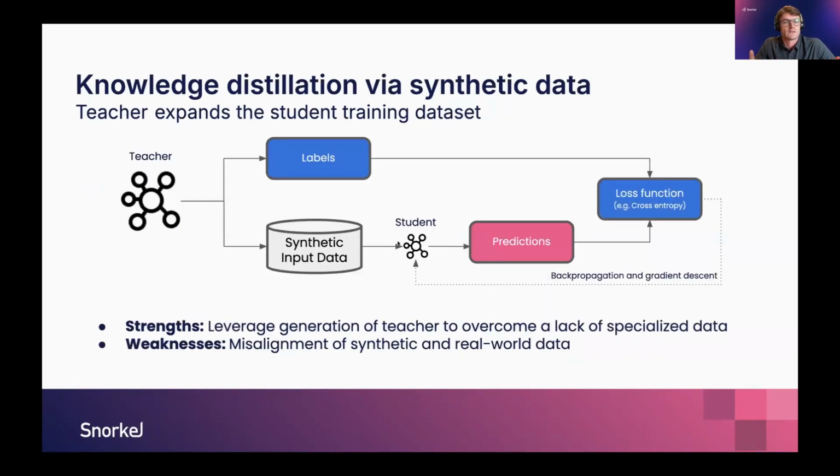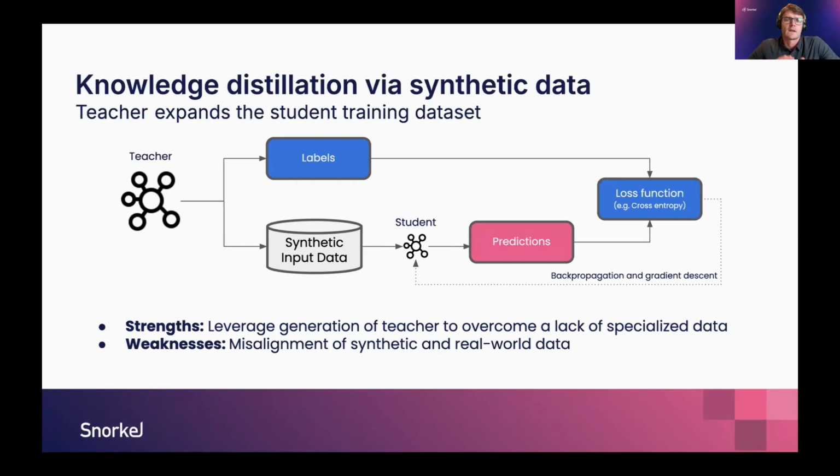The pipeline altogether looks something like this. The teacher model generates labels and synthetic input data for the student to train on. So this looks slightly different from teacher labeling and hidden representations. But again, we still get to use backpropagation and gradient descent after the teacher model curates the training data set for the student.